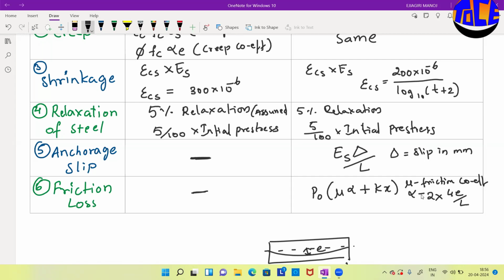For this value, generally he will mention it in the question itself, and you need to take the same value. Or else you can assume k as 0.0015 per meter. And x is the length of the member itself.